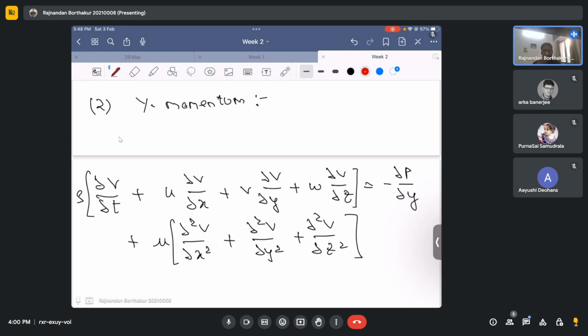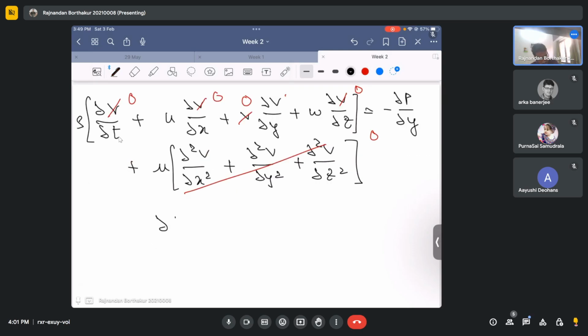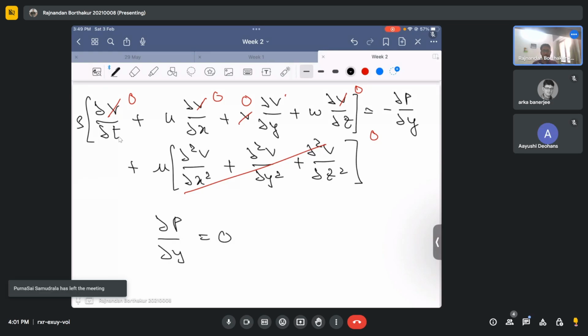So quickly I will show you that if I invoke the fact that the velocity is in just one direction, the x direction, it means that v has to be 0. So v is 0, and these are all zeros, which means that we just end up getting del p by del y equals 0.